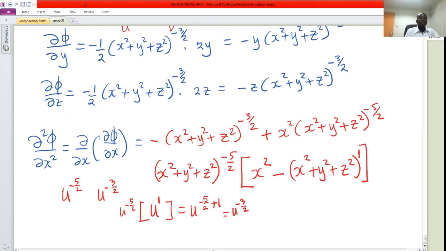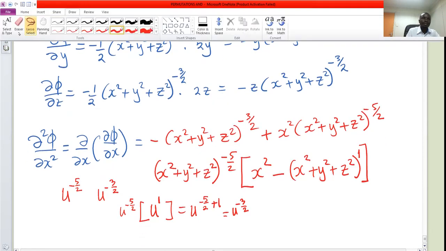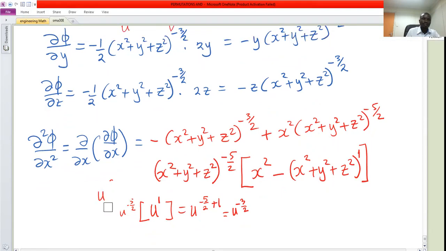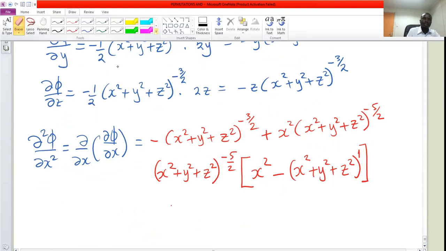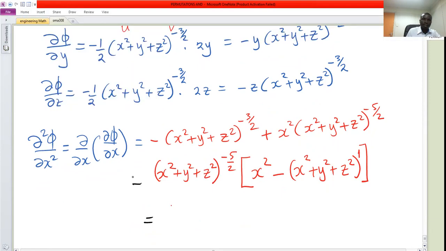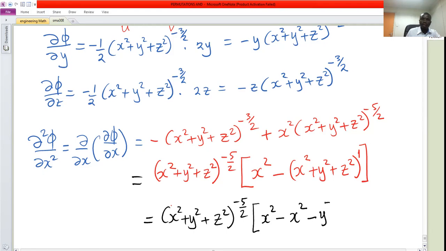And then when you simplify this, we'll get this equals (x squared plus y squared plus z squared) raised to power minus 5 over 2 into x squared minus x squared, and then now minus y squared, and then minus z squared.